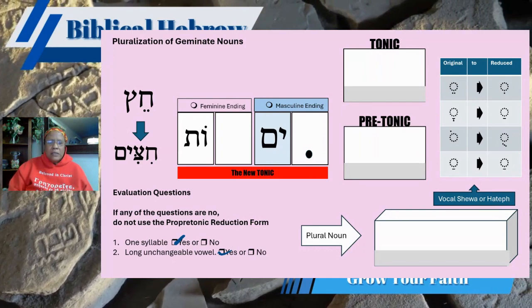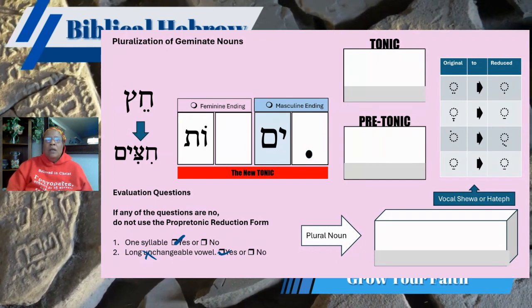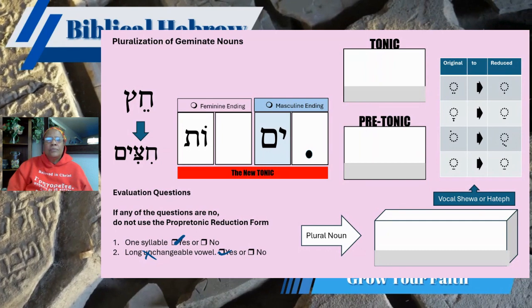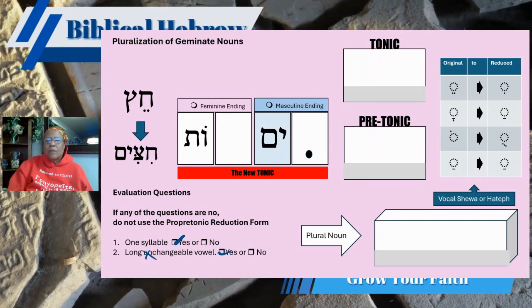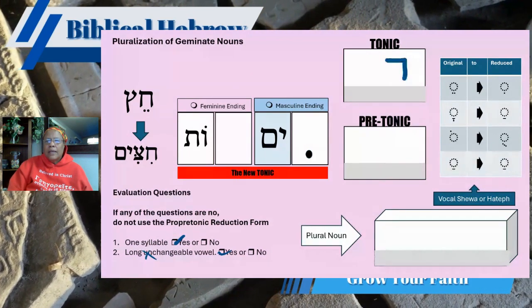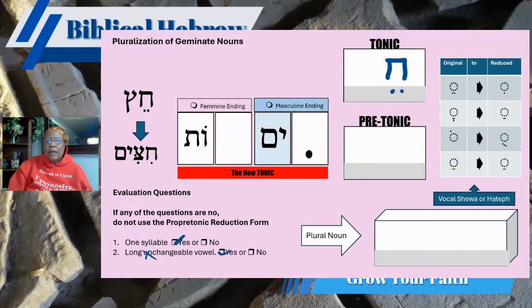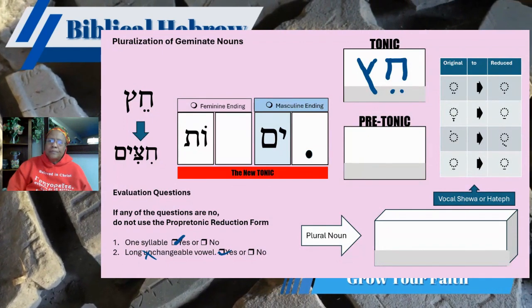And I think this is just a typo, so don't worry. Okay, here we go. We have the tonic, the chet with the sere, and a final tsade.